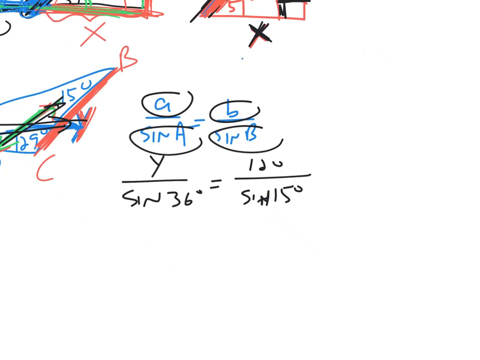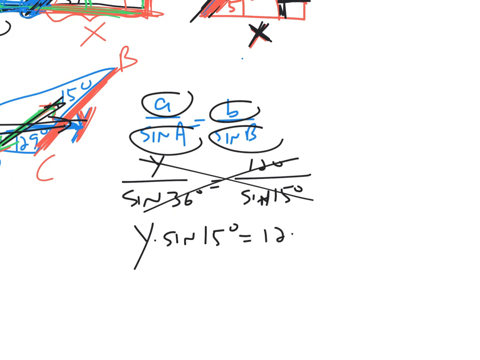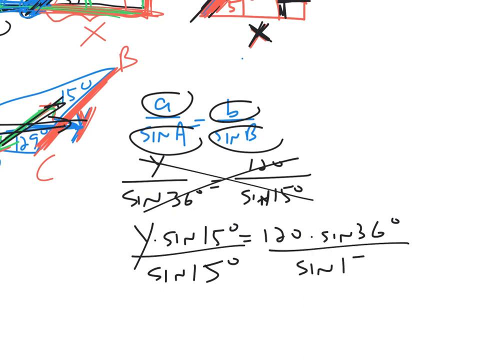So here I'm going to use the law of sines and cross multiply. Y times the sine of 15 equals 120 times the sine of 36. To get that y, that side of that blue triangle, which is also the hypotenuse of my red triangle, I'm going to do on my calculator 120 times the sine of 36 over the sine of 15.